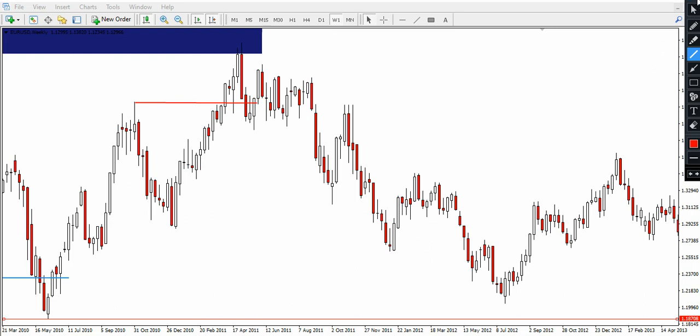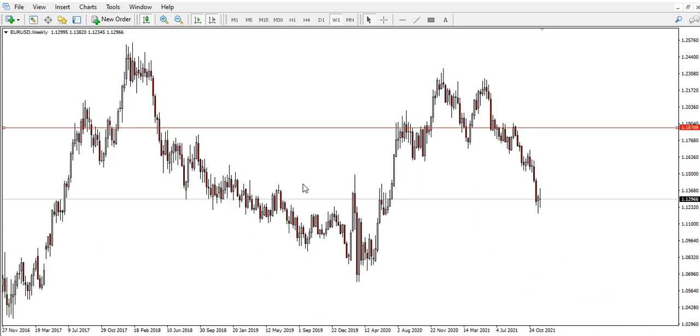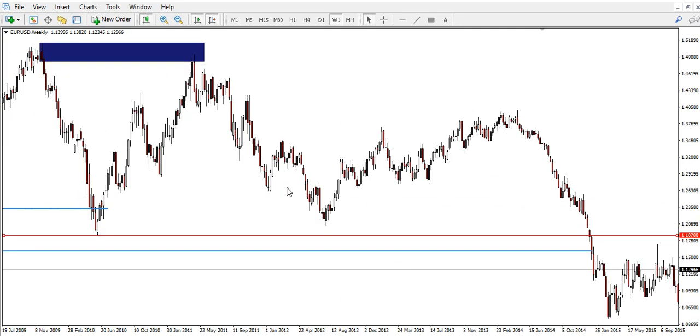So this was not a valid break of market structure, but only to deceive those who are not patient. Okay, so all that happened on the weekly time frame.